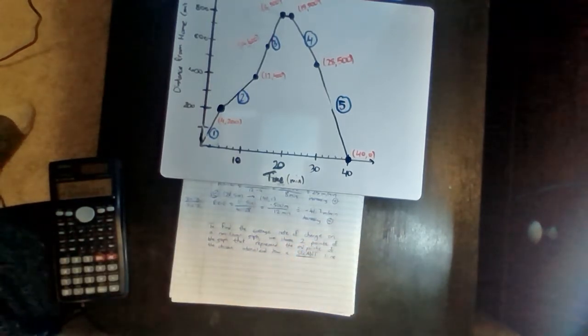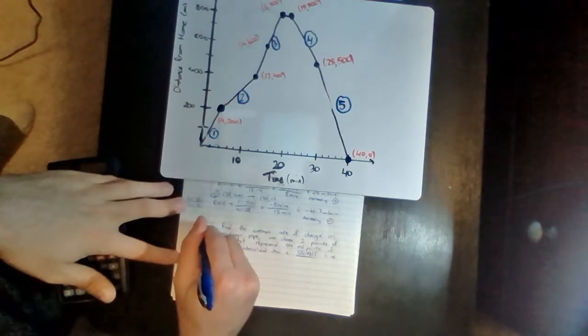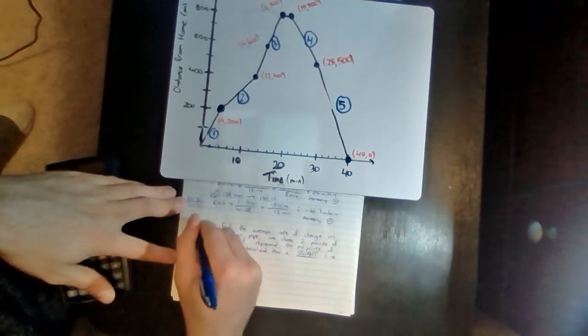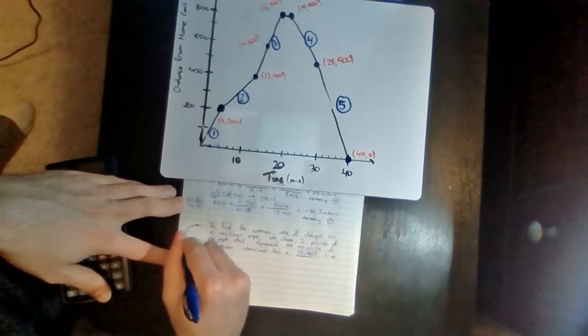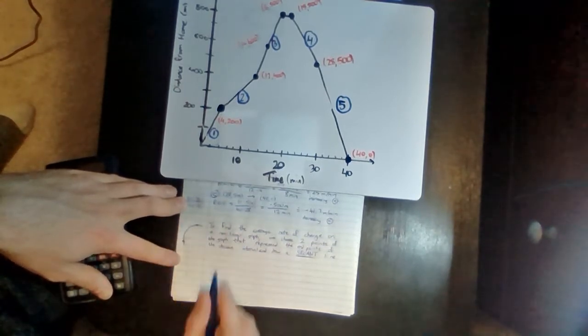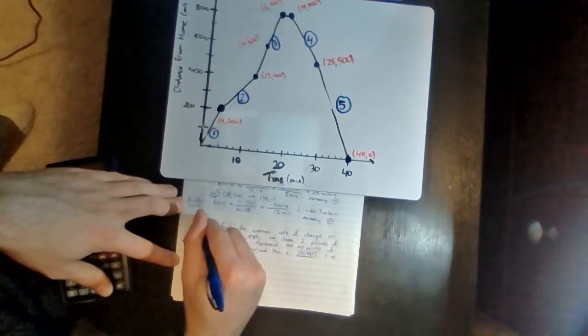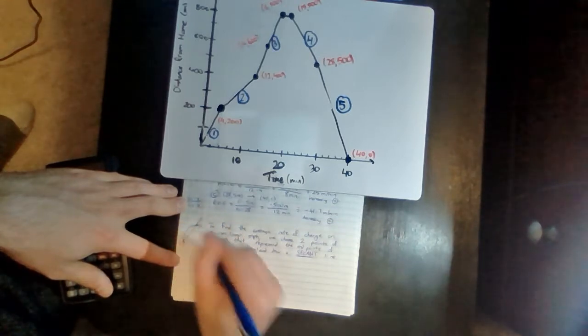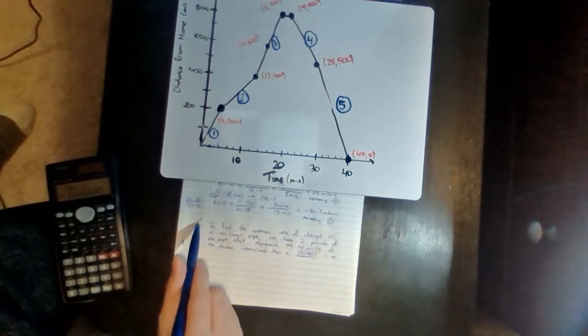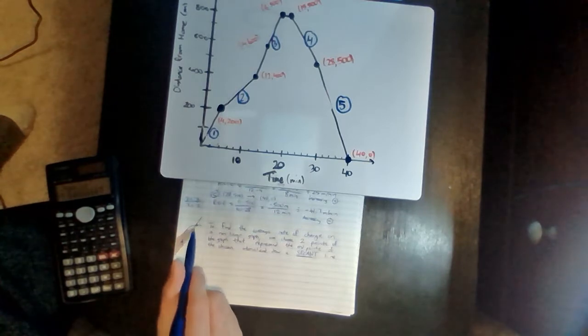So a secant line means if we have a curve, we go look at those beginning and end points, the endpoints of our interval, and we draw a line through those 2 points. So a secant line is a line that crosses a curve at 2 different points.